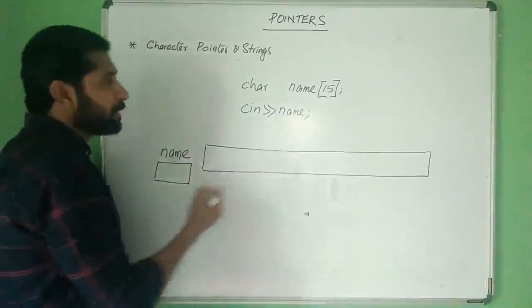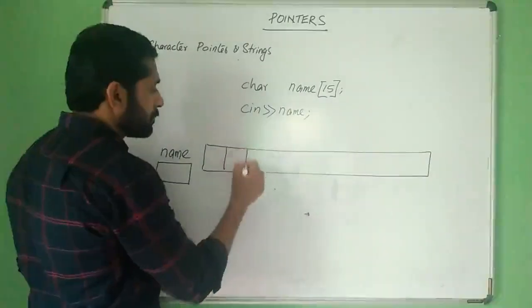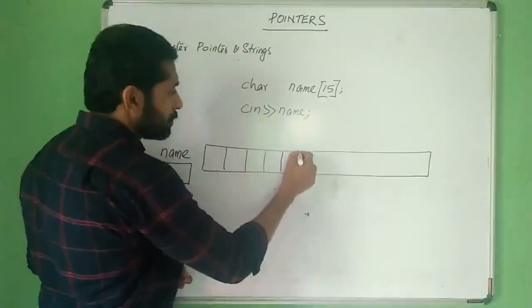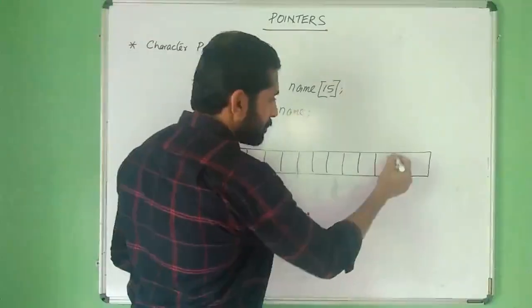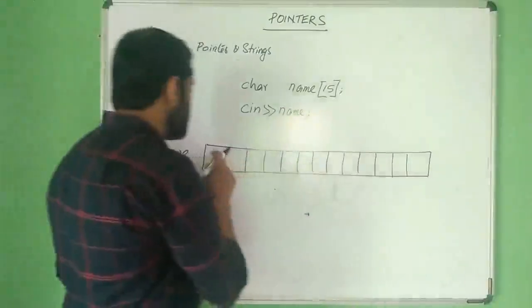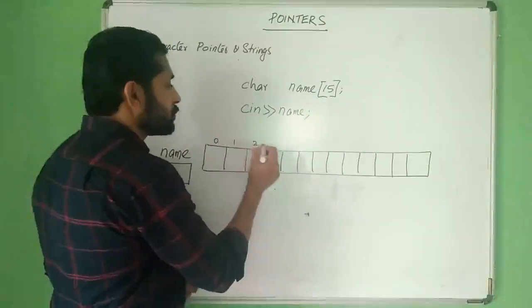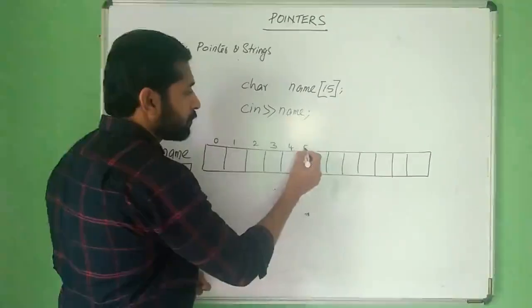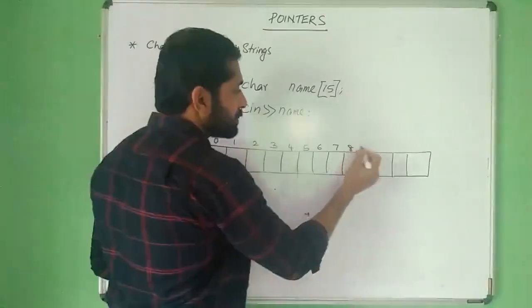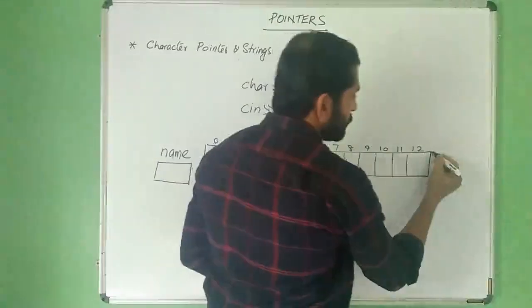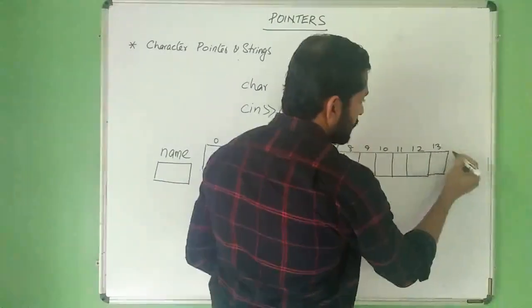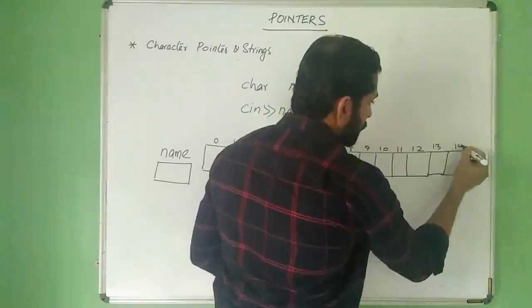This is name, and we have indices 0, 1, 2, 3, 4, 5, 6, 7, 8, 9, 10, 11, 12, 13, 14.